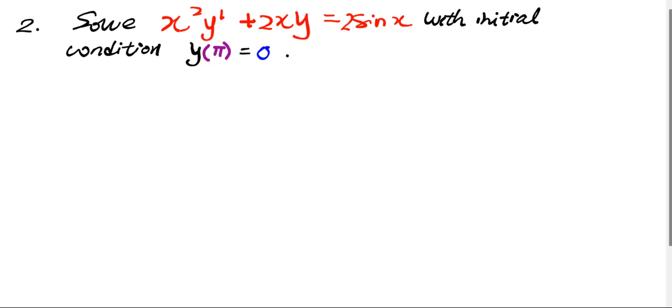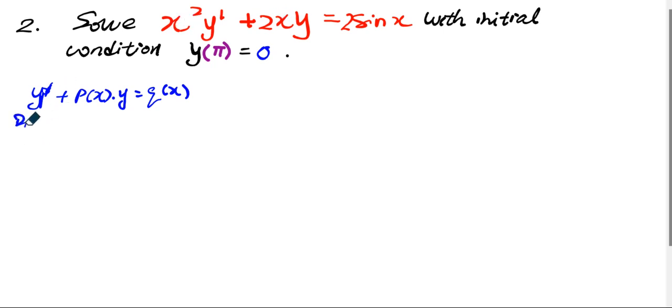So first we check whether this given differential equation is of the form y dash plus p(x) times y equal to q(x). And obviously it is not, because for y dash here, the coefficient is not 1, but it's x squared.